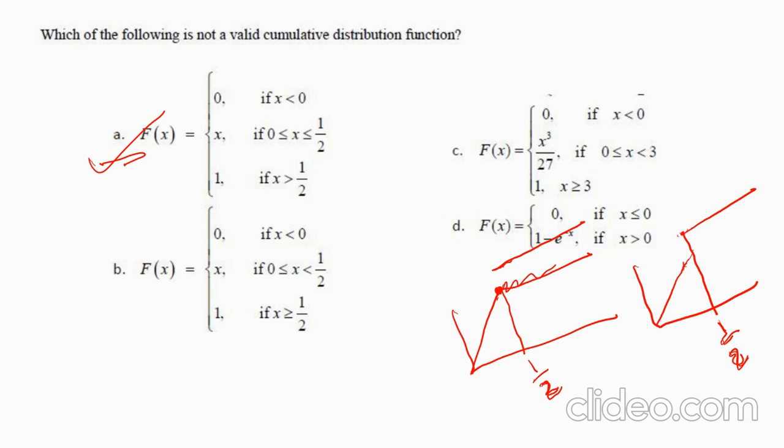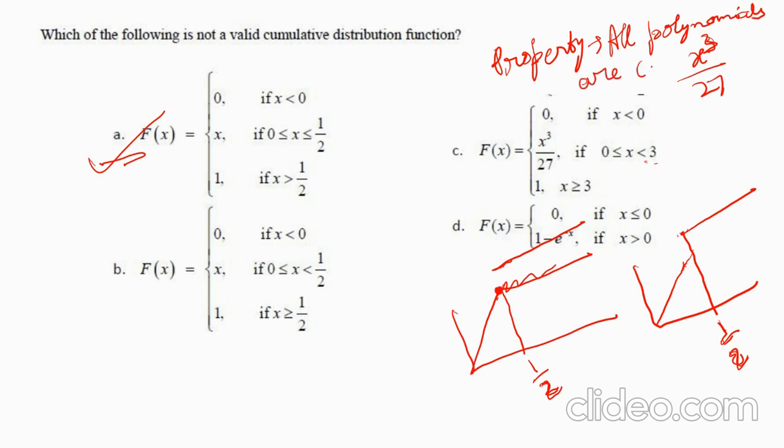Now let's just check for the third one. So third one also, less than 3, it is x cube by 27, and when greater than or equal to 3, it is 1. This x cube by 27 is a polynomial function, and we have the property that all polynomials are continuous.